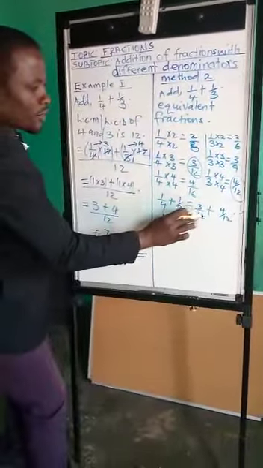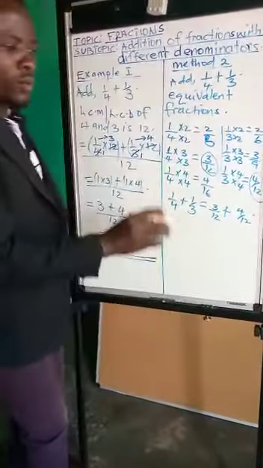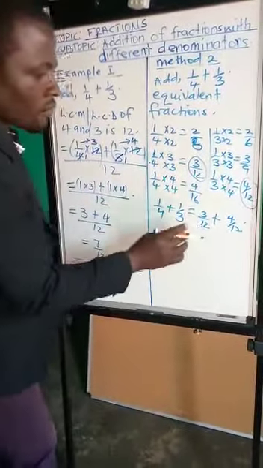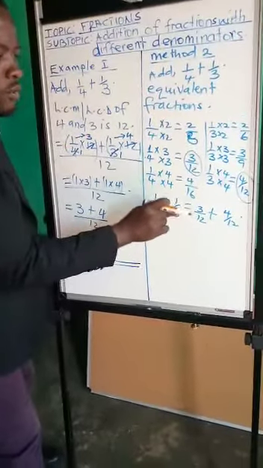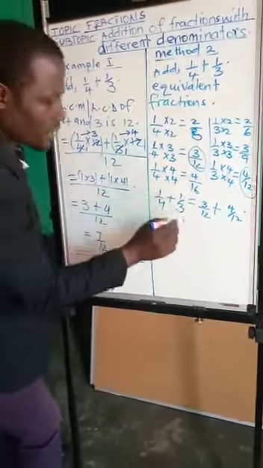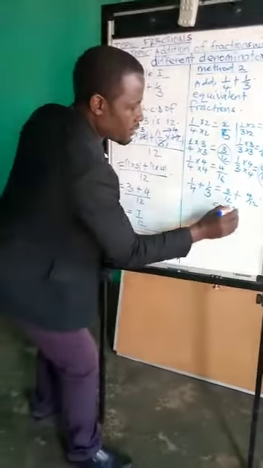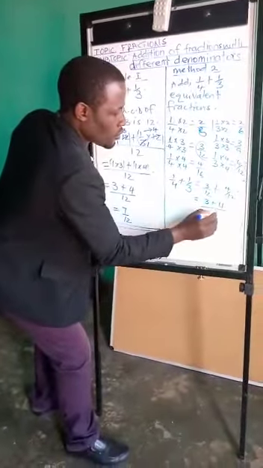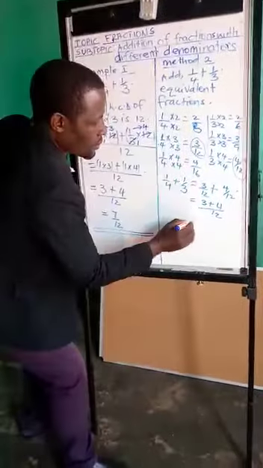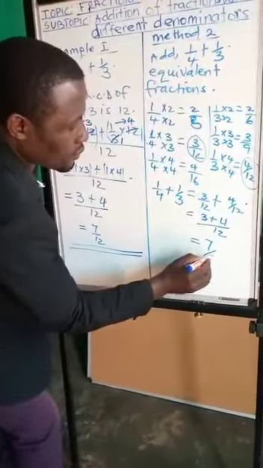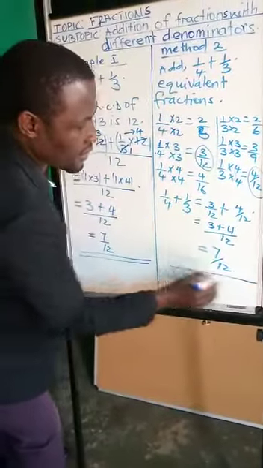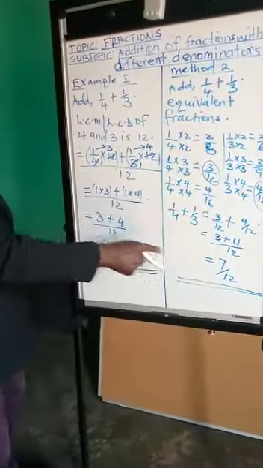Since we now have fractions with the same denominators, we do not waste a lot of time finding the LCM. Let's just add the numerators: 3 plus 4 out of 12, which is equal to 7 out of 12. It has given us the same answer.